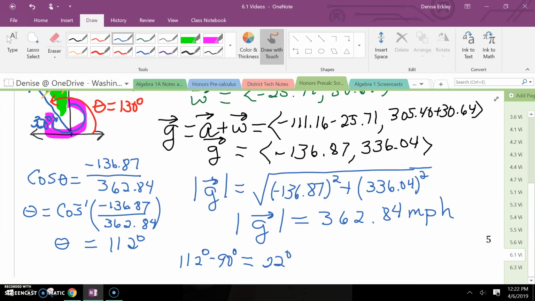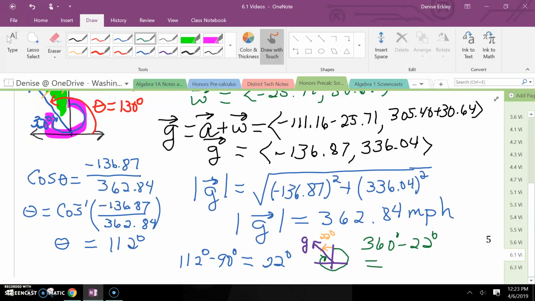So if I just draw a quick little picture here, here is my G. I just found this little bit here, that's the 22. Now what I need is from due north the whole way around to there. So I have to take 360 minus the 22.